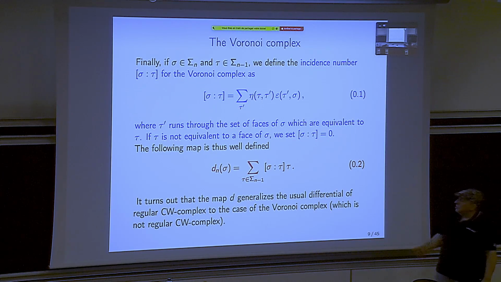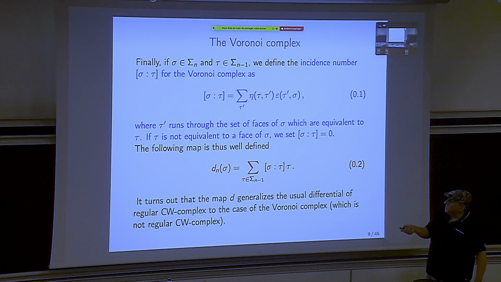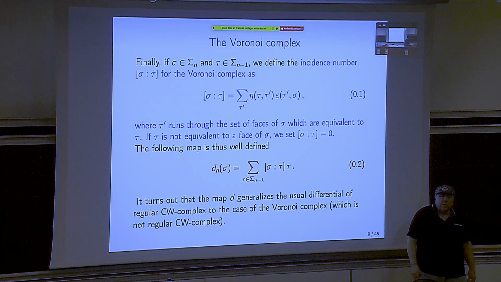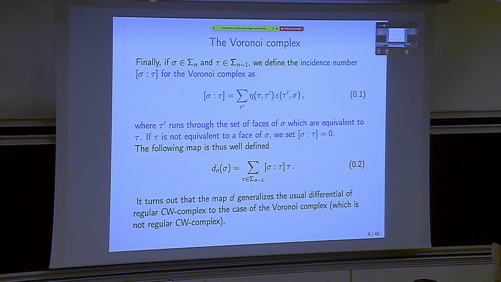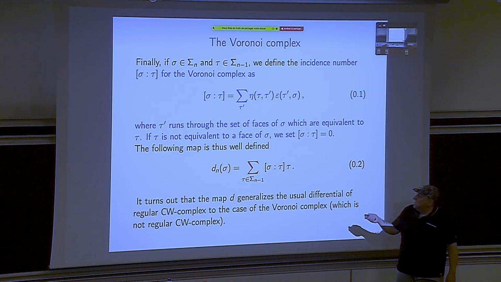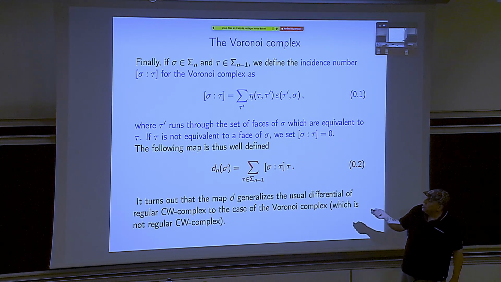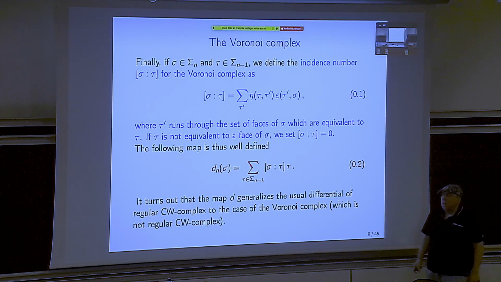It's just saying that the differential of sigma is the sum of all the incidence numbers between sigma and tau, for tau running through all the representatives of sigma n minus 1. Meaning, if you prefer, for all the tau which are in the image of the intersection of sigma with a codimension 1 cell coming from the space.